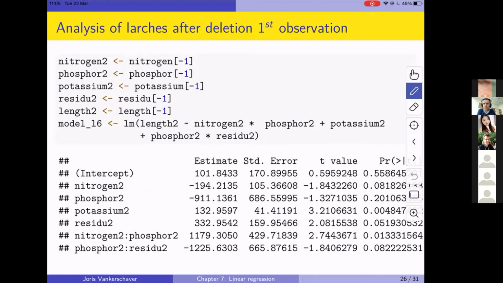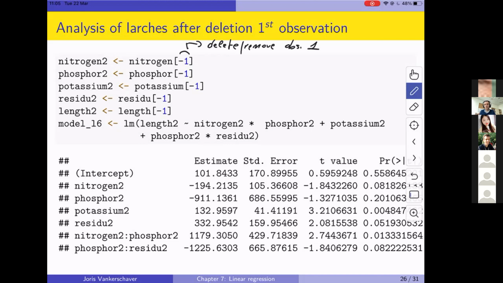So what we can do with that information now is we can have a look at what happens to our model fit if we delete that first observation. Here we'll look directly at the model output. We won't look at any diagnostics. What we do is create a new data set. This -1 notation is basically our notation for delete or remove observation 1.